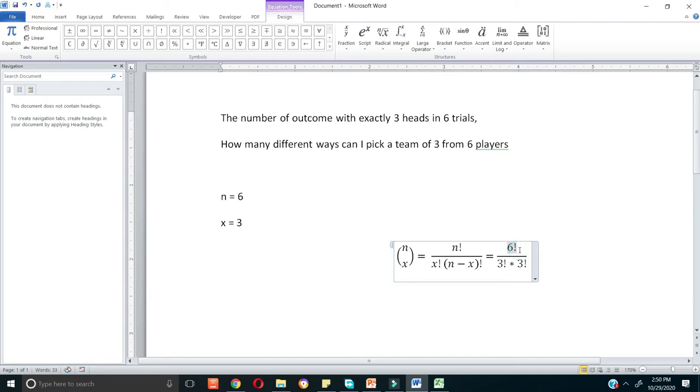So 6 factorial is what? 6 factorial is actually 6 by 5 by 4 by 3 factorial, right? I don't need to flesh out, so we could immediately get rid of this 3 factorial part.